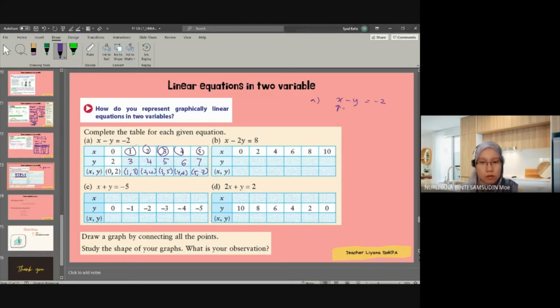Alright. Now, after you get this, you will draw on the graph paper. First, draw the x axis and y axis, and the scale must be uniform.